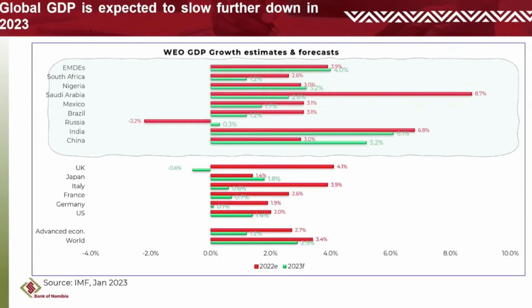On that slide, the only green bar is on China in terms of 2023. On the positive side, China's recent removal of COVID-19 related lockdowns and reopening of the economy have paved the way for a faster than previously expected performance globally.